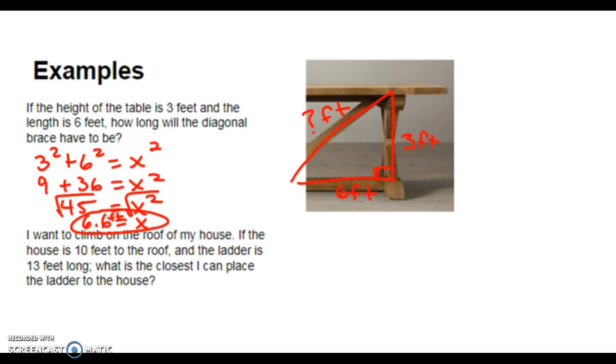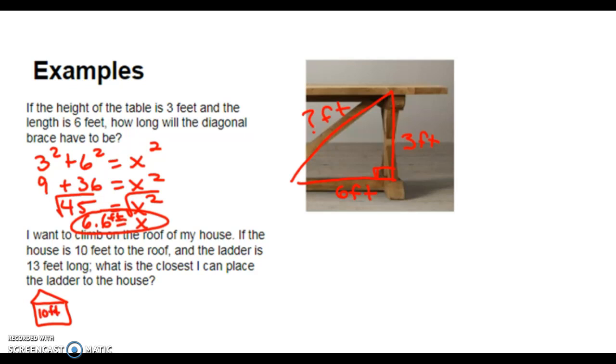Second example. I want to climb on the roof of my house. The house is 10 feet to the roof, and the ladder is 13 feet long. What is the closest I can place the ladder to the house? Here's my sketch of the house. The house is 10 feet.